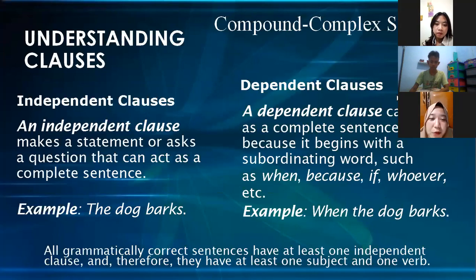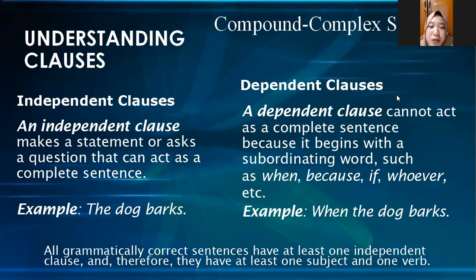Understanding clauses. There are two: independent clause and dependent clause. An independent clause makes a statement or asks a question that can act as a complete sentence. Example, the dog barks. Independent clause.